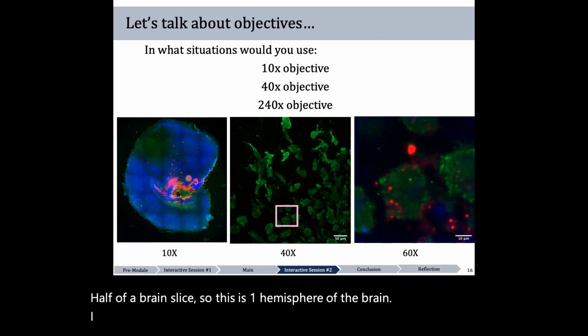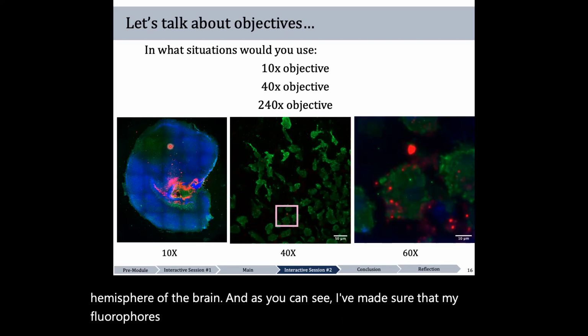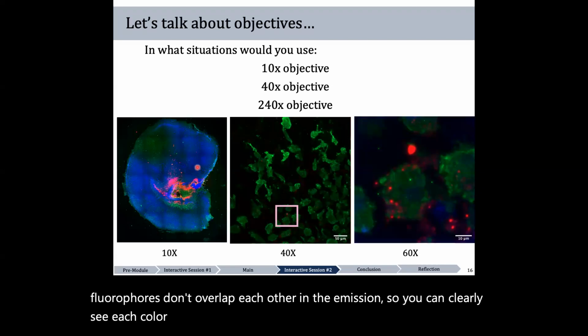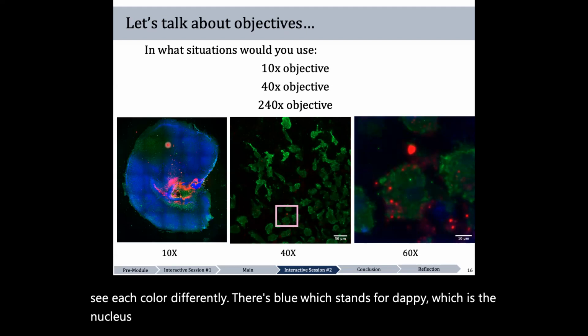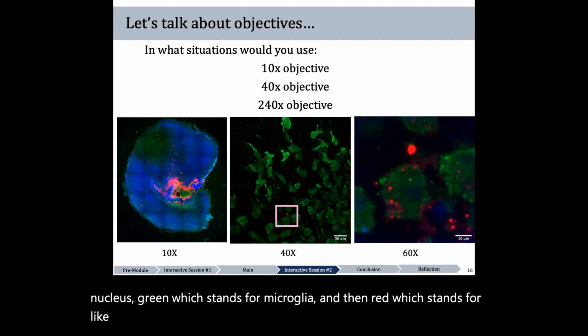I actually think this is the right hemisphere, but yeah, this is one half of the brain. And as you can see, I've made sure that my fluorophores don't overlap each other in the emission, so you can clearly see each color differently. There's blue, which stands for DAPI, which is the nucleus, green, which stands for microglia, and then red, which stands for dead cells, basically.